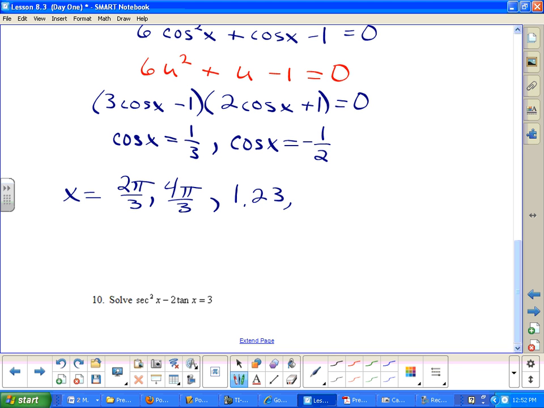Okay. So if we look at that chart we were just playing around with a minute ago, we're talking about the first quadrant and the fourth quadrant where it equals 1/3. So if this angle right here is 1.23, how do I find that angle there?